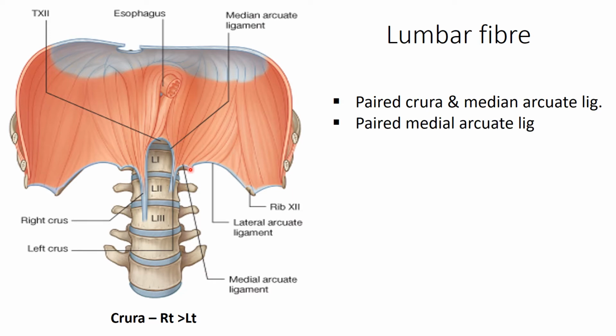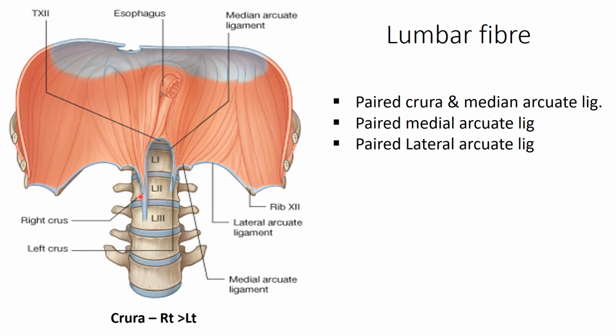Then just lateral to this is the paired medial arcuate ligament, and more laterally is the paired lateral arcuate ligament. So these lumbar fibers lie more inferiorly and posteriorly.